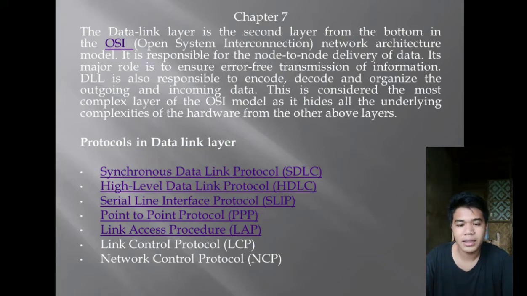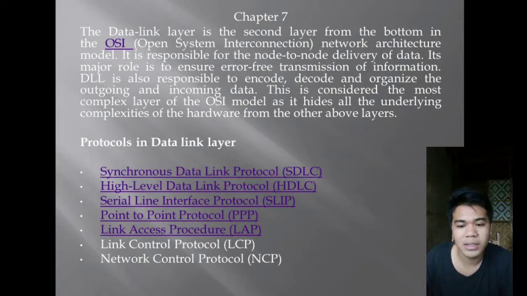The data link layer is also responsible to encode, decode, and organize the outgoing and incoming data. This is considered the most complex layer of the OSI model, as it hides the underlying complexity of the hardware from the other layers above. The protocols in the data link layer start with the Synchronous Data Link Control or SDLC.